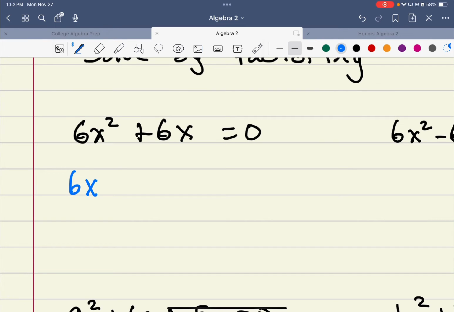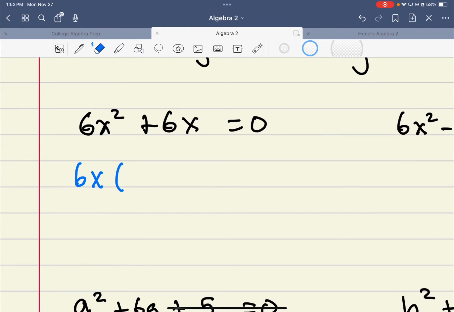So I can take a 6x out of each of those. If I take 6x squared divided by 6x, what's left? Just 1x, right? Plus 6x divided by 6x is 1. So that's going to equal 0.